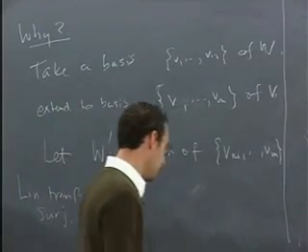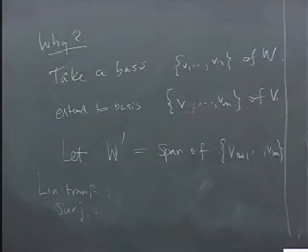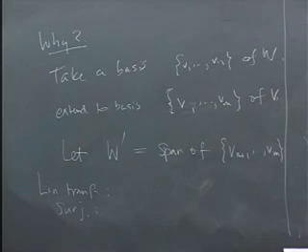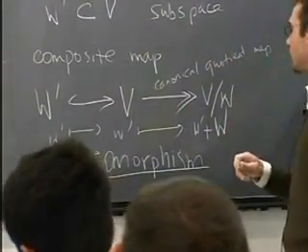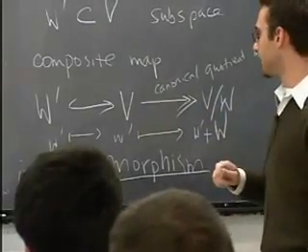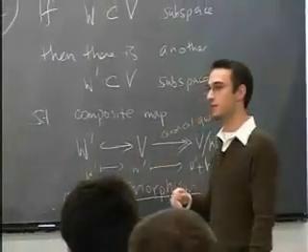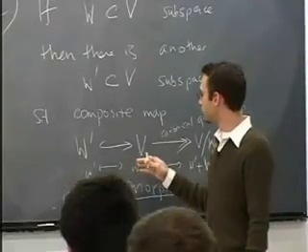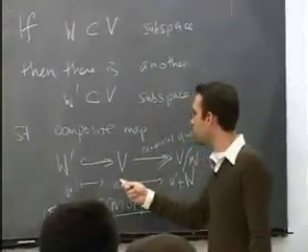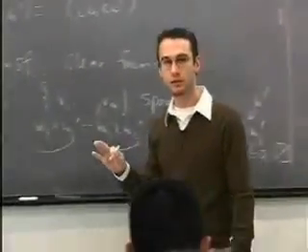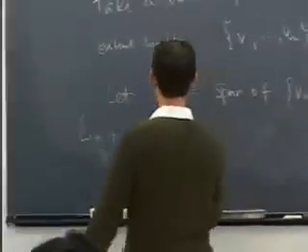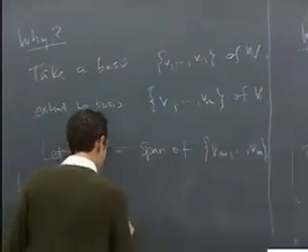The surjectivity follows from the fact that we saw before that everything in V can be written as a sum of something in W prime and something in W. So if we take some element of V mod W, then I can lift it to something in V, write it as something of the form W plus W prime, where W is in W and W prime is in W prime. And then certainly the coset W prime plus big W must be the coset we started out with. Is that pretty clear? So surjectivity is straightforward from the definition of cosets.